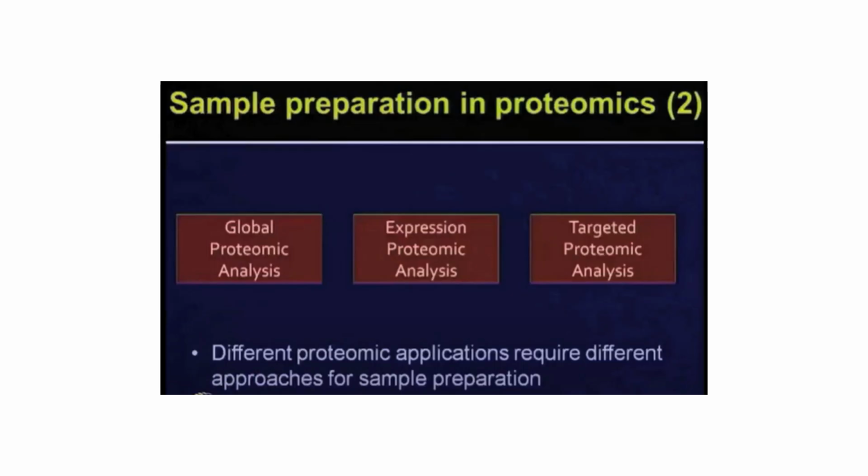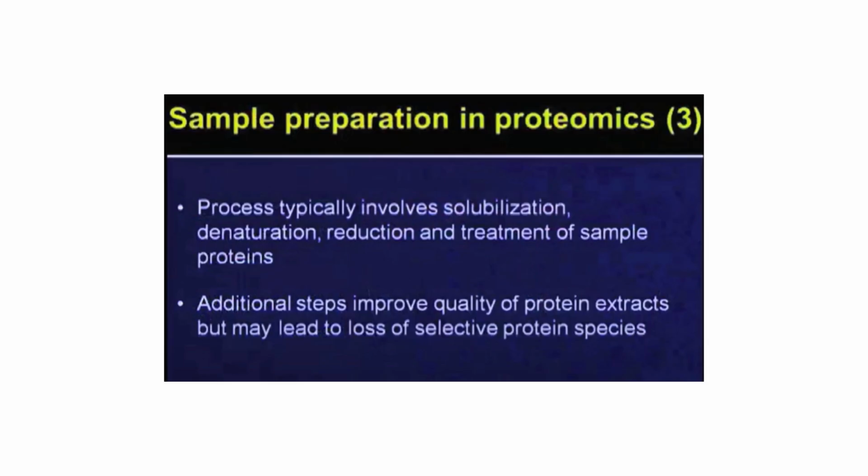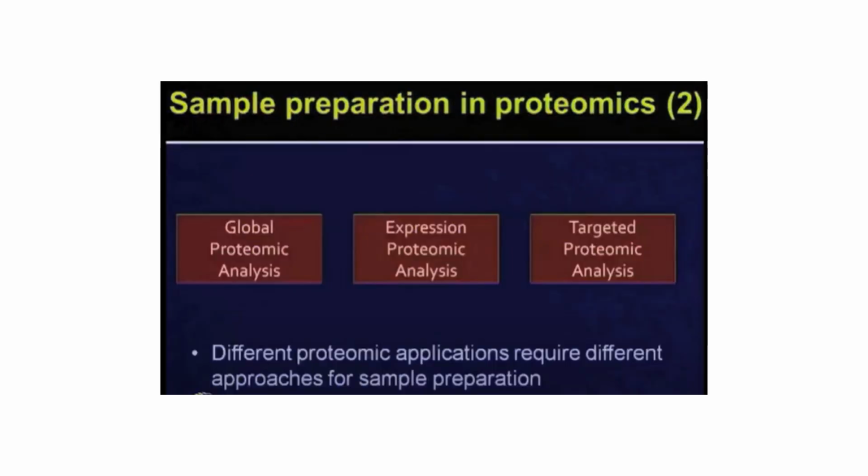Along with that, for example, in one specific sample, you want to see a few types of protein, whether those are present in a disease condition and not present in a normal condition. Those types of analysis are called targeted. Like I want to check about this specific protein only. That's targeted proteomic analysis. Targeted proteomic analysis also deals with quantifying it.